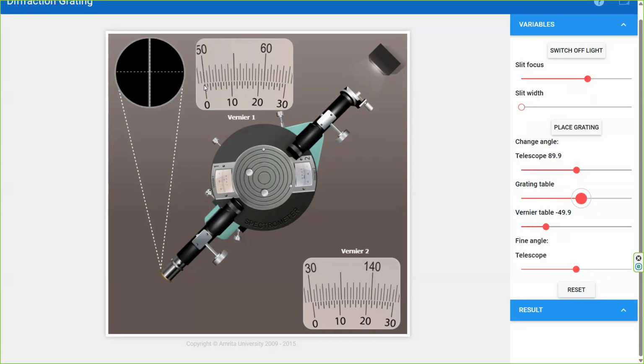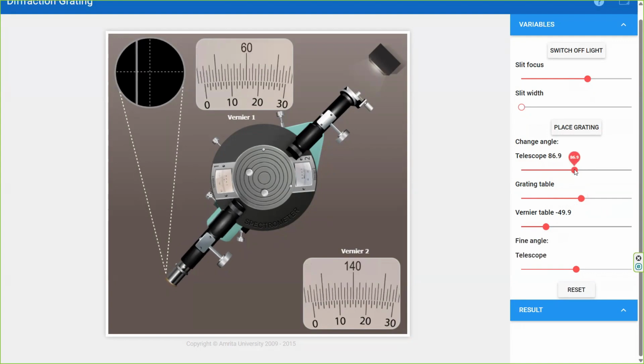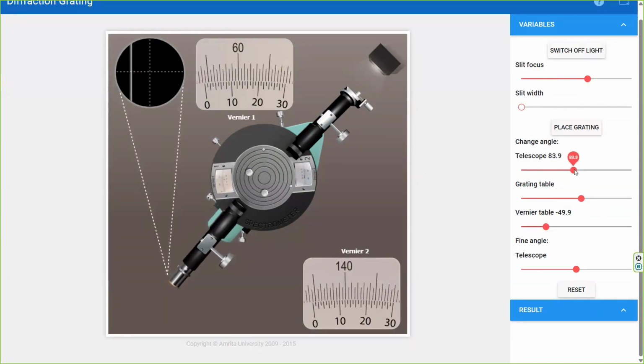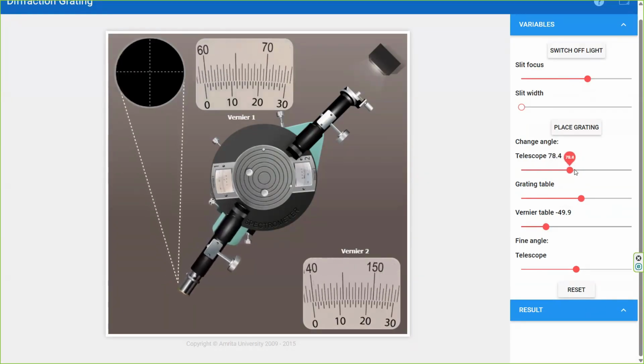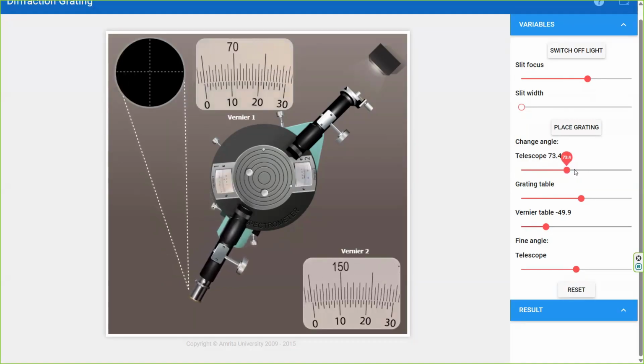Now the telescope is showing the reading of 50 degree. Now the difference must be 90 degree. So I'll rotate this telescope by 90 degree in this direction, and 50 plus 90, that is 140.